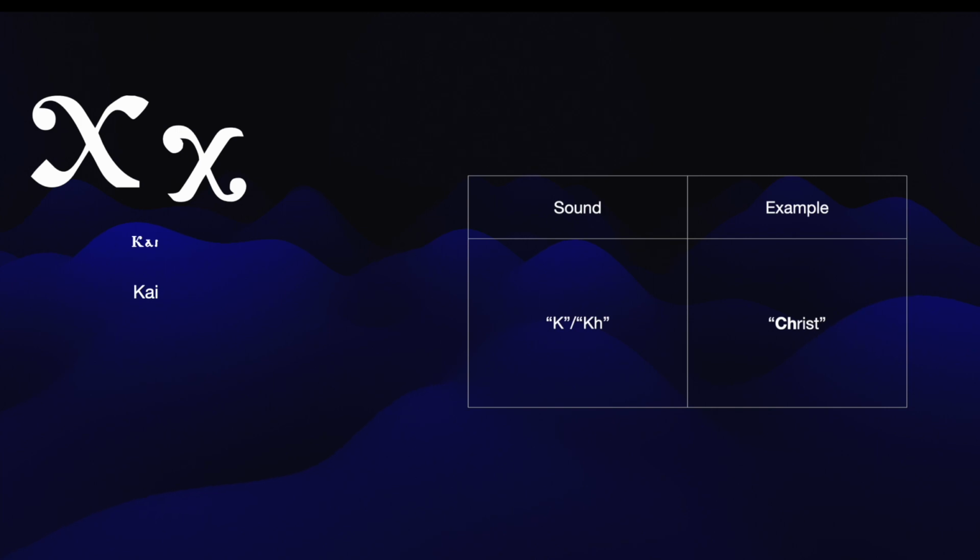This one's key. It makes a K or a KH sound depending on the language the word is from. So like the word Christos, that's Greek in origin, and so it's going to make a KH sound.